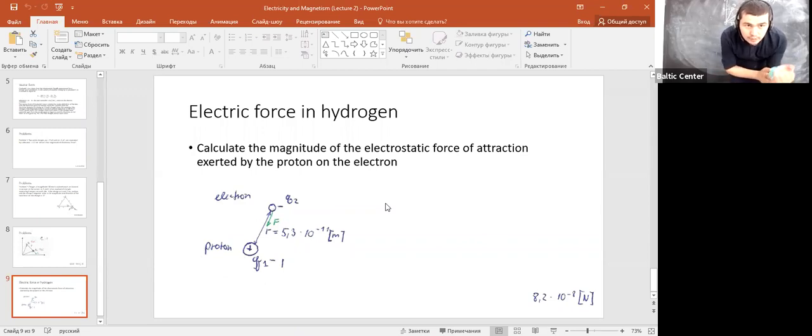The charges are equal, and Q is equal to 1.6 multiplied by 10 to the minus 19 Coulomb, but the electron is negative charge. So the electron's charge is negative 1.6 multiplied by 10 to the minus 19 Coulomb. And the distance between the two charges is 5.3 multiplied by 10 to the 11 meters. So you can calculate the force between the two charges in scalar form. It's very easy.